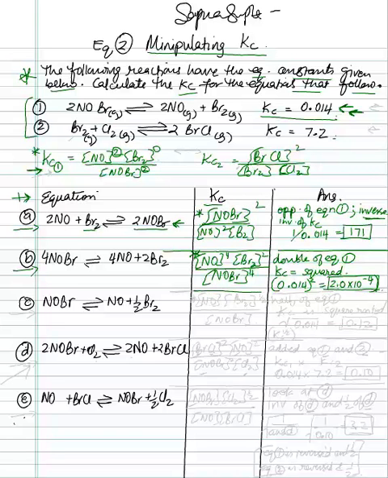All right, moving along then to the next equation. The next equation is NOBr plus NO and half Br2. So now if we are looking at our equation, everything is half. So half of equation 1.